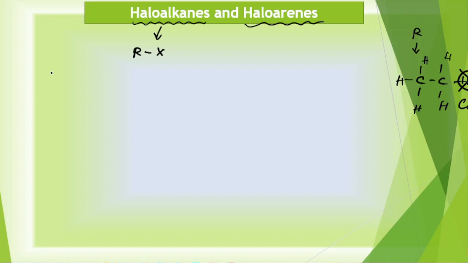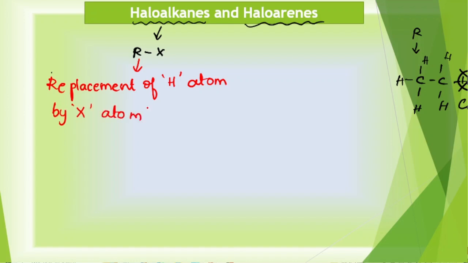So you can simply write the definition as: replacement of hydrogen atom by halogen atom in hydrocarbon is called a haloalkane.